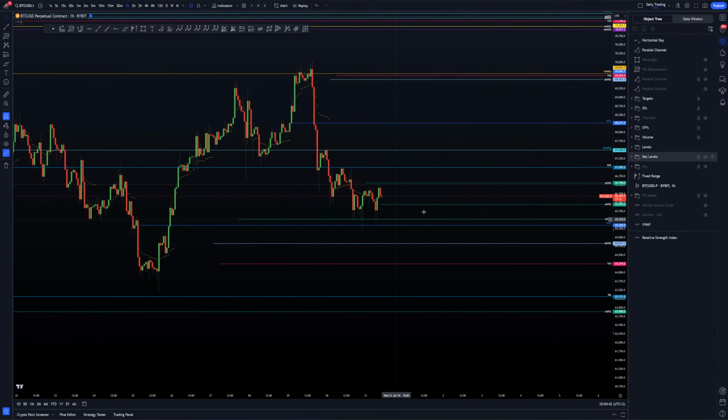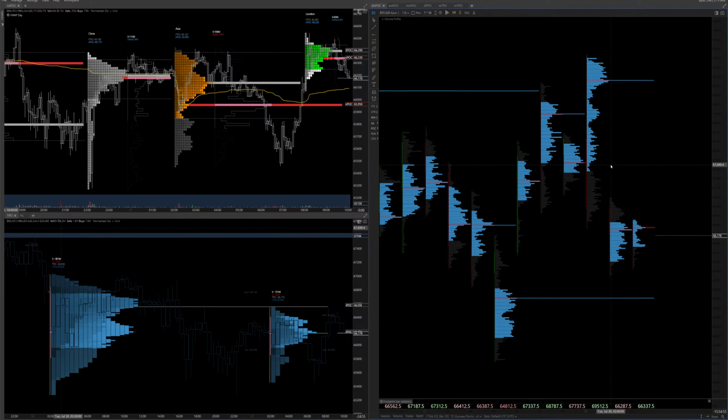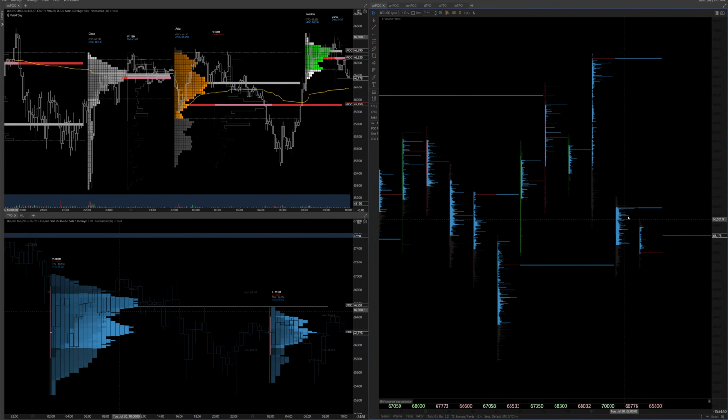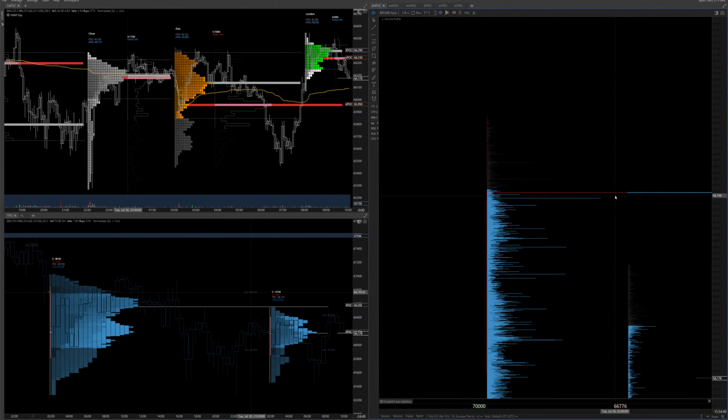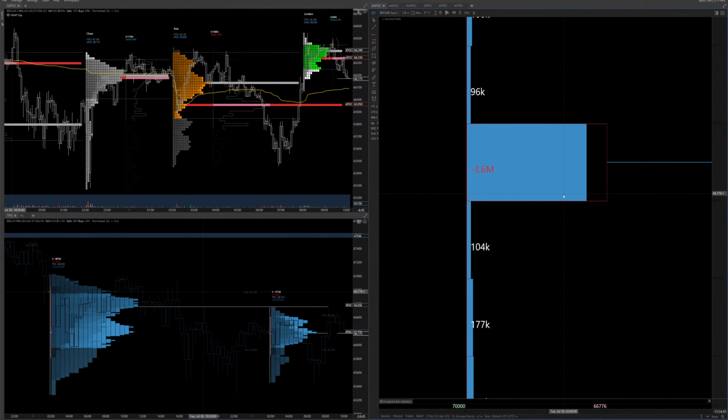Not really interested in this level, but oops, that's a TPO, not a naked session point of control. TPO. Okay, and then we have here the DNPOCs. Let's see on the TX1, we have one just right there. Let's see what price this is. 66,776.